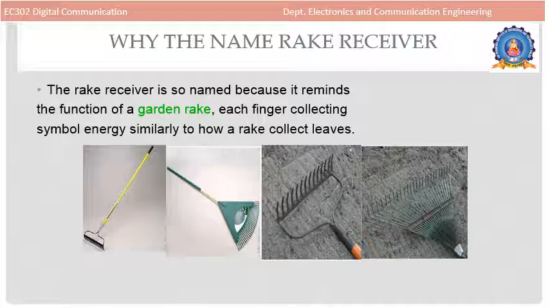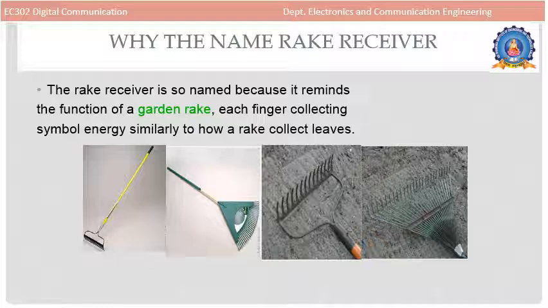Then why the name rake receiver? A rake is a tool used for collecting leaves in gardens. It is named so because its function resembles a garden rake: each finger collects symbol energy, similar to how a rake collects leaves. As already said, the rake receiver has many fingers.